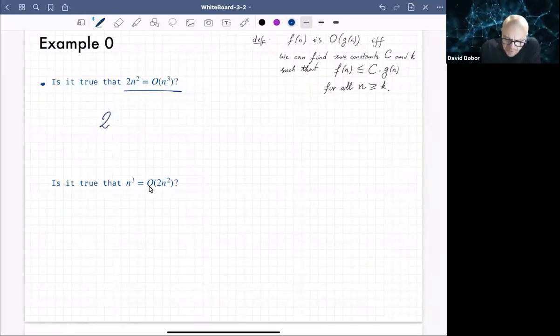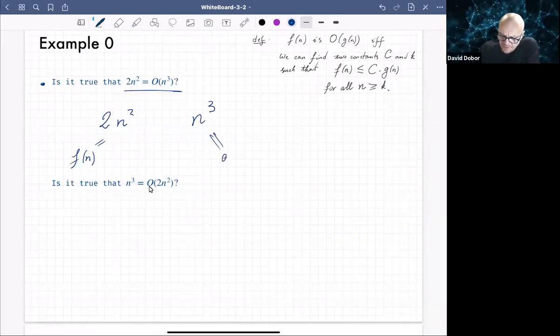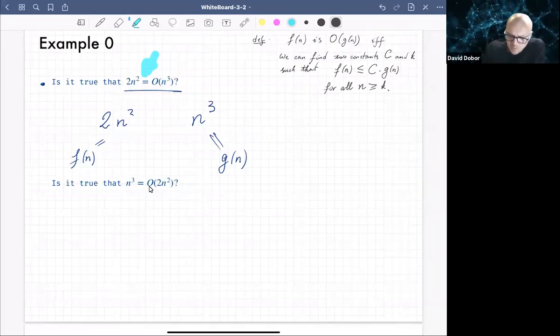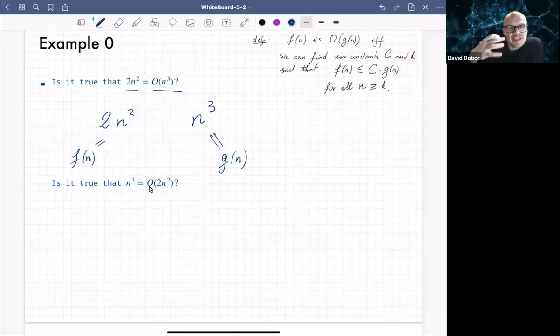Is 2n squared, this is my function f of n, big O of n cubed? This is my g of n. Notice that I've already begun to abuse the notation. I'm writing equality, but this is not equality. We'll return to that. A better way would be to write belongs, because big O of g stands for a set of functions.